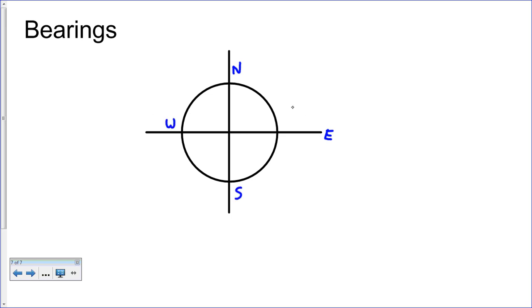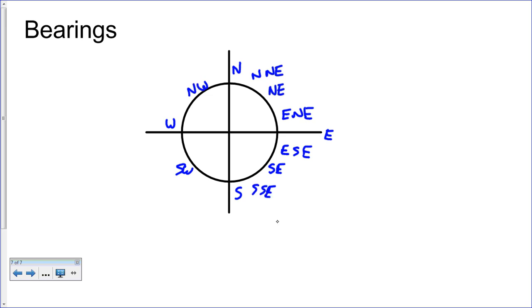Then we also have things like northeast and southeast and southwest and northwest. Besides that, we also have things like north-northeast, east-northeast, east-southeast, south-southeast, and we can keep going.